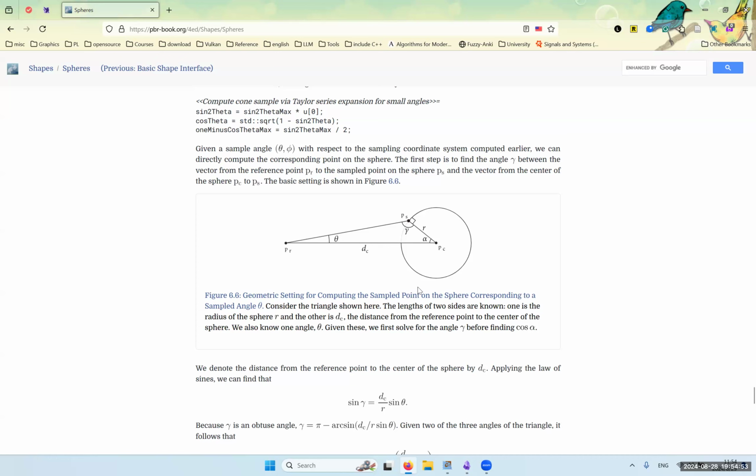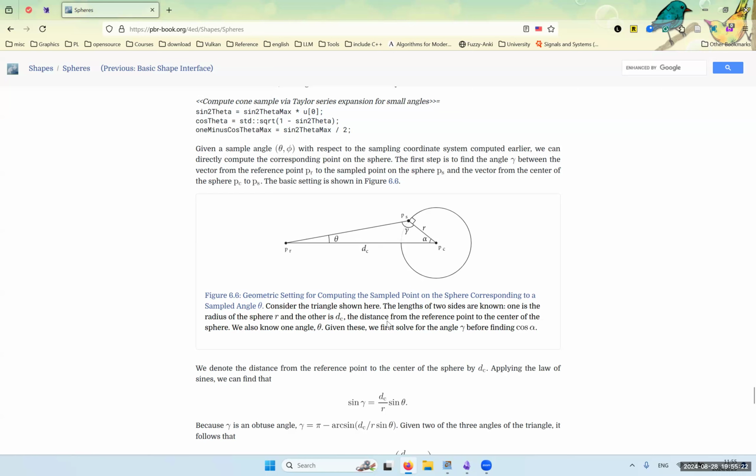Applying the law of sines, sine gamma divided by d is equal to sine theta divided by r. That's the law of sines, and they just put d into this.